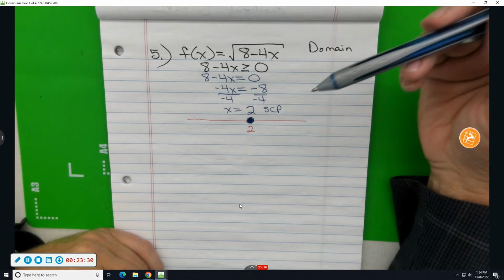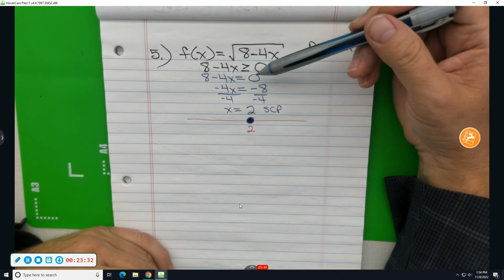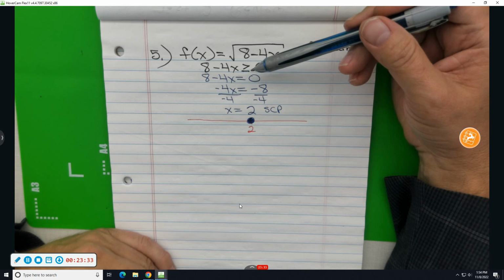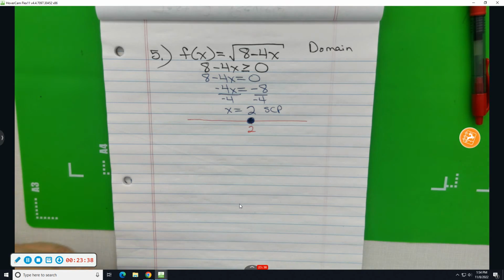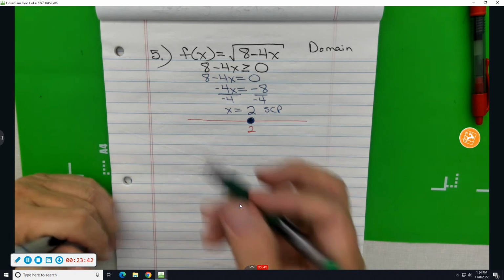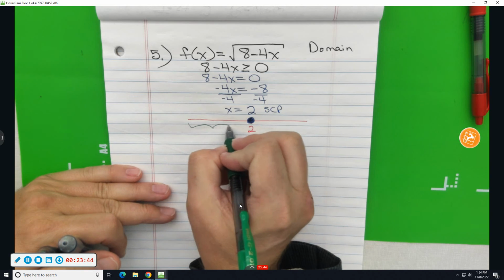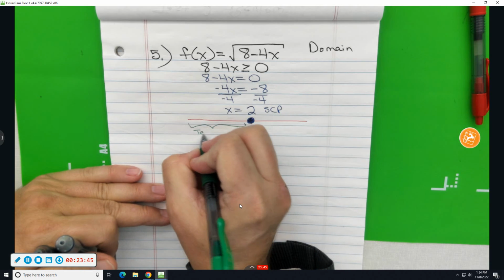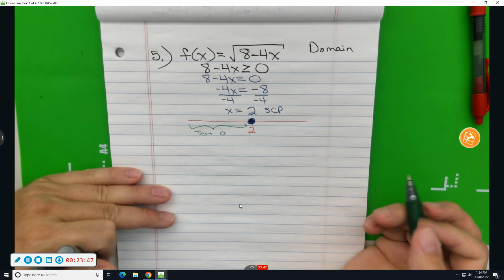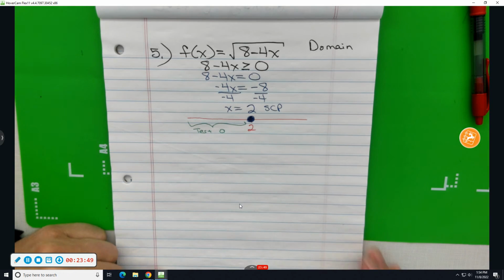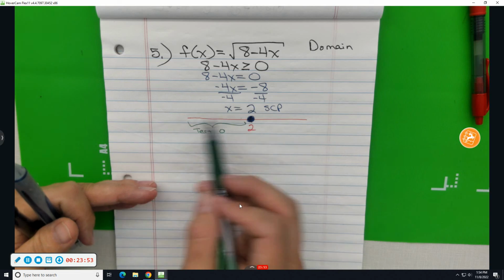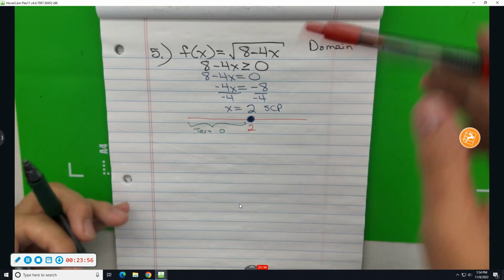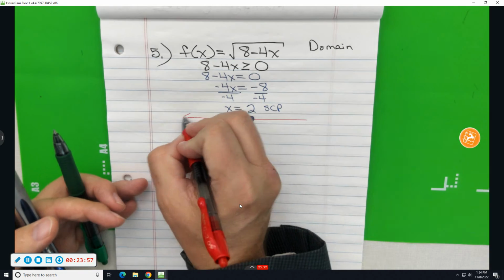Now, which side of 2 will have a result that's greater than 0? Well, to make the decision, we test a number on each side. Say here, if I were to test 0, I could use 1, I could use negative 50 million. Any number to the left of 2 is a suitable test value.